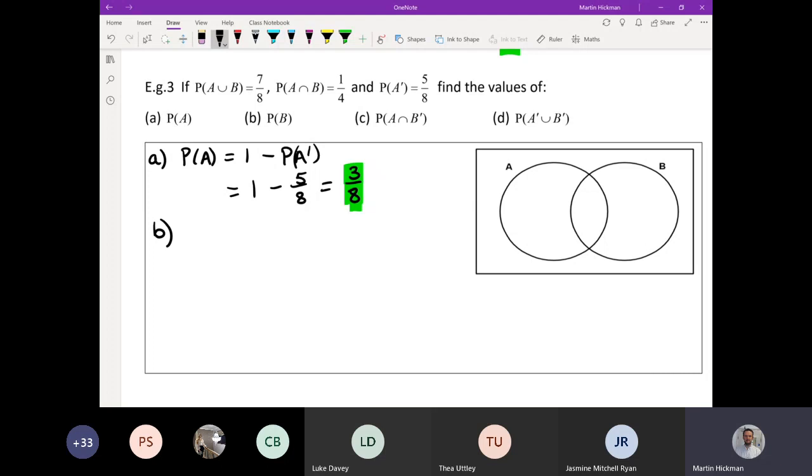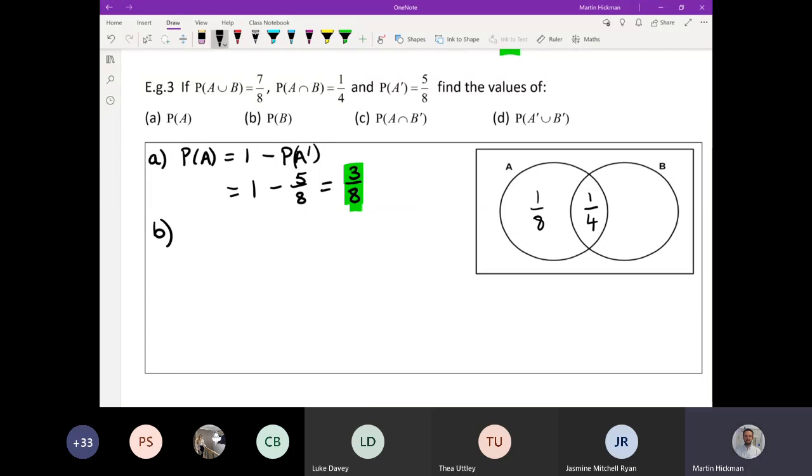We're also told the probability of A and B is a quarter. So I know a quarter goes in the center of my Venn diagram. And then this means an 1/8 would have to go here. That's simply because all of this circle has to add up to 3/8. So if I add the 1/8 and the quarter together, it's going to give me 3/8.